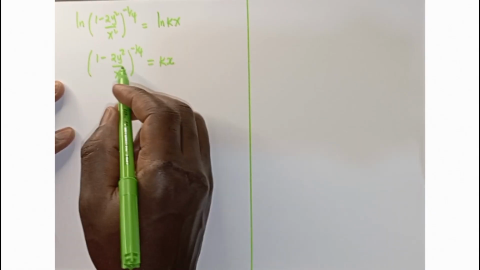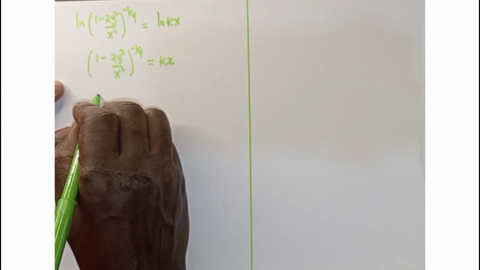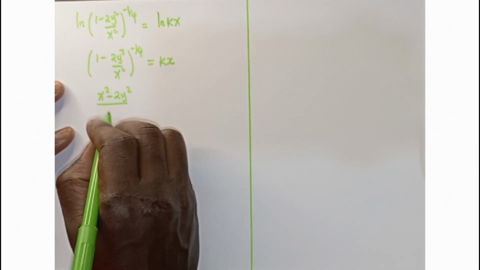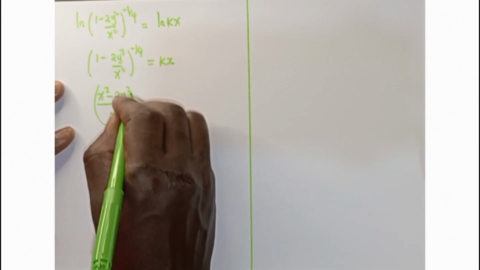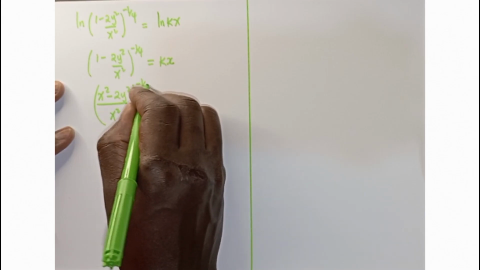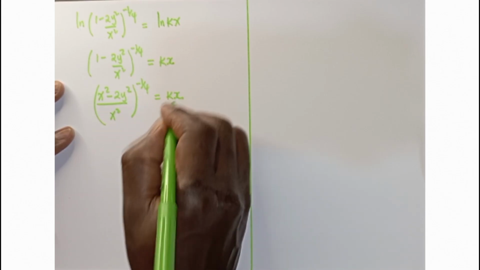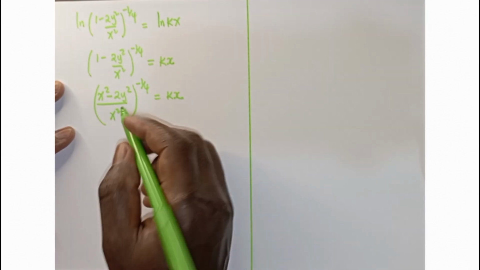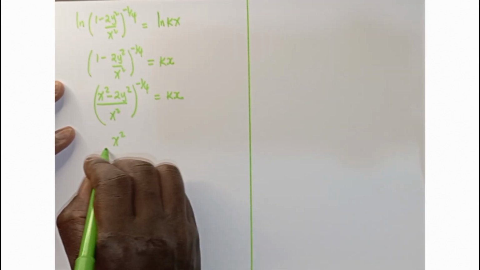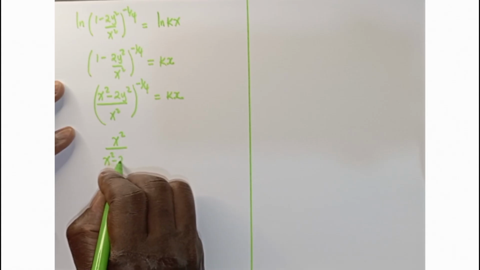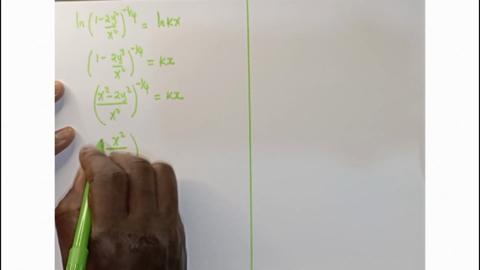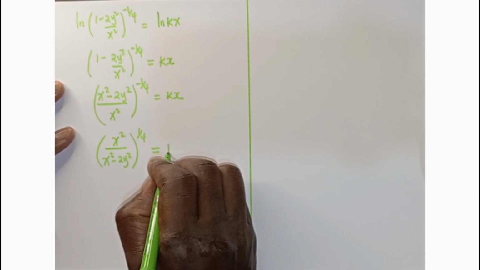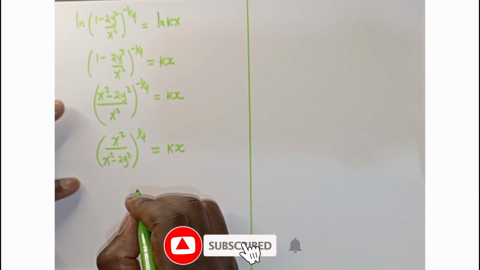So you can get the LCM inside. You shall have x squared minus 2y squared out of x squared, power negative 1 out of 4, is equal to kx. Now, to deal with the negative power, we take the reciprocal, so this is x squared out of x squared minus 2y squared, power 1 out of 4, is actually equal to kx.